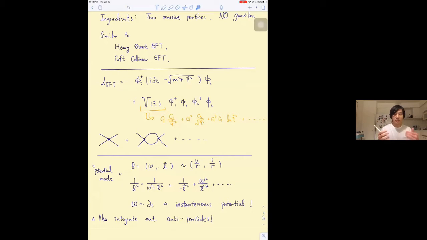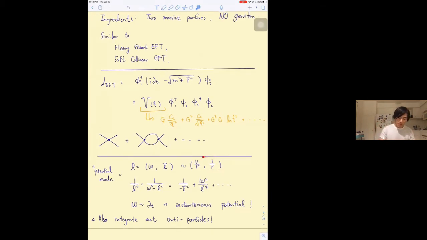So this graviton corresponds to an instantaneous potential, which is actually what we want. You can see from here why we want to integrate out this graviton, because from the time domain point of view, this graviton corresponds to a very local instantaneous interaction. So from this point of view, they're ultraviolet. Also, these gravitons are never on shell because the energy is much smaller than the spatial part. So they're off shell, and therefore we need to integrate out this graviton.